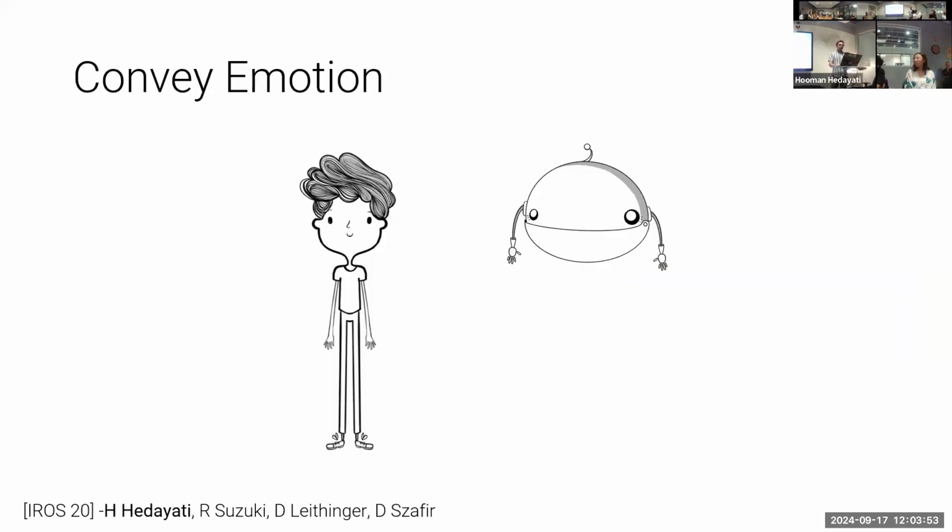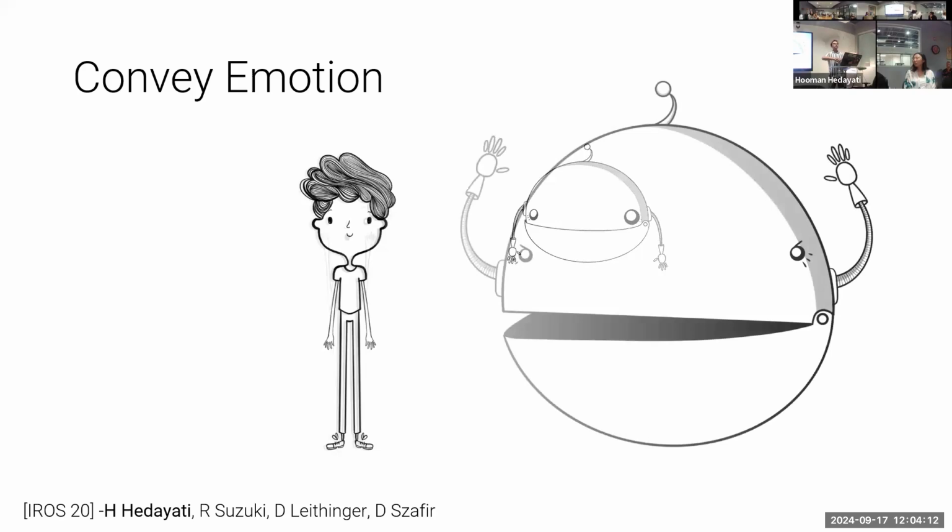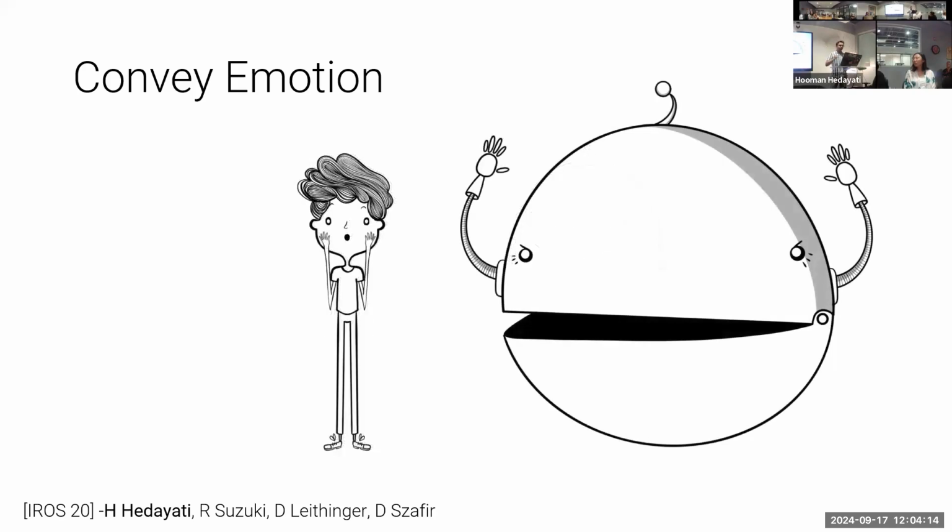The second one is conveying emotions. Imagine a user goes too close to a robot. Can we convey the information, like, don't come close to me, I'm dangerous? By doing what animals do.